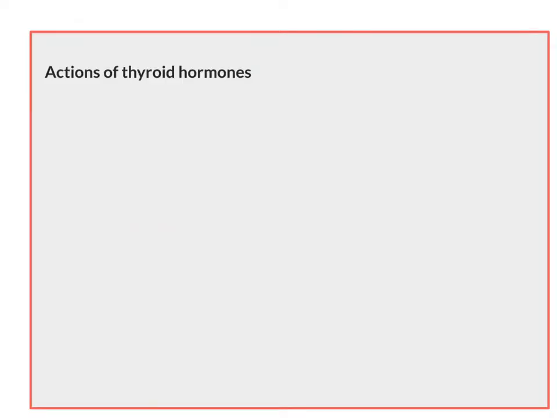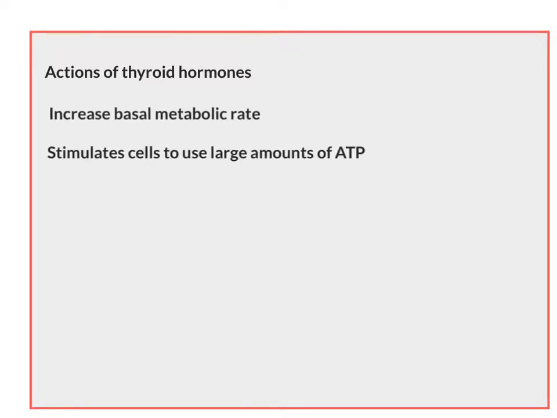Since most body cells have receptors for thyroid hormones, both T3 and T4, they are capable of exerting their effects throughout the body. The actions of the thyroid hormones include: they increase basal metabolic rate, they can stimulate cells to use large amounts of ATP, thus playing a role in the maintenance of normal body temperature.